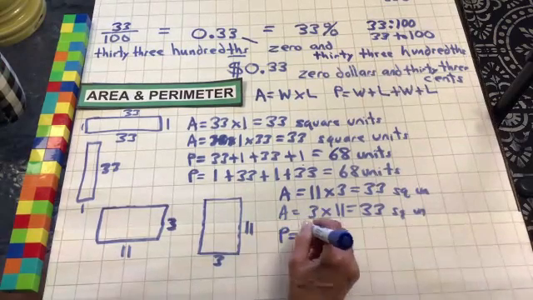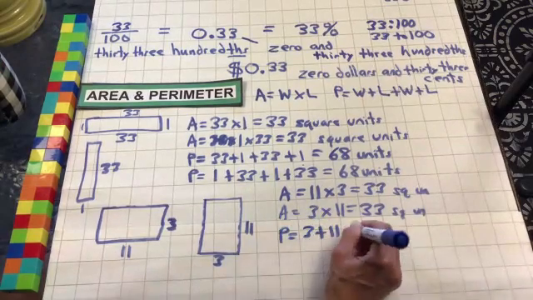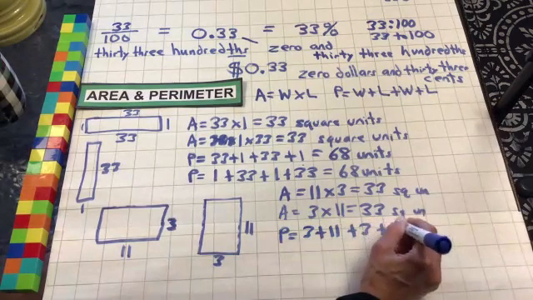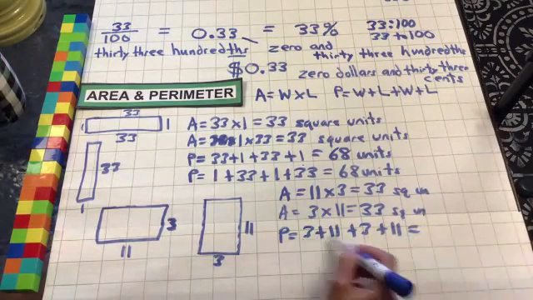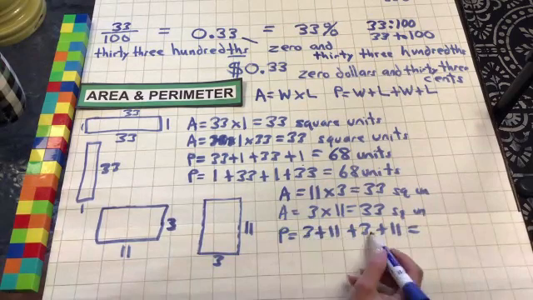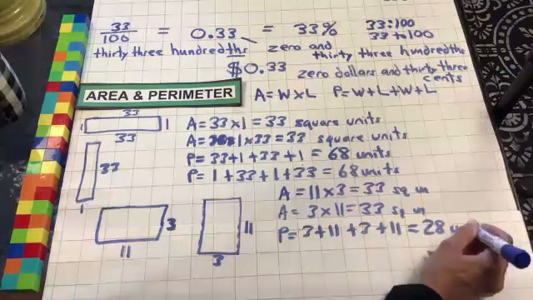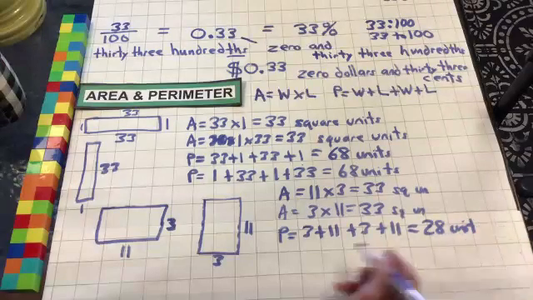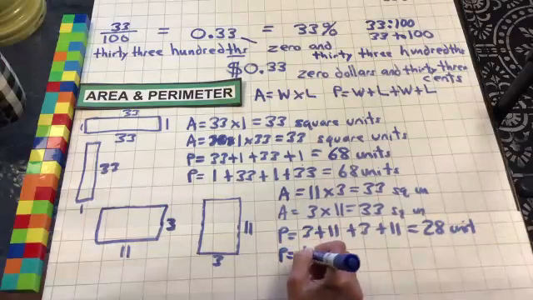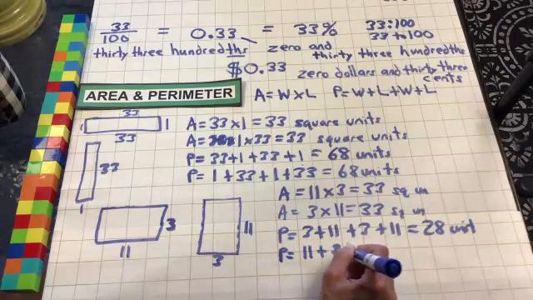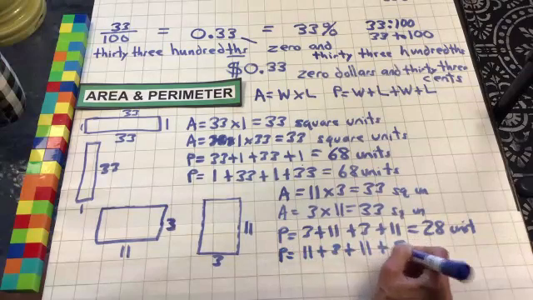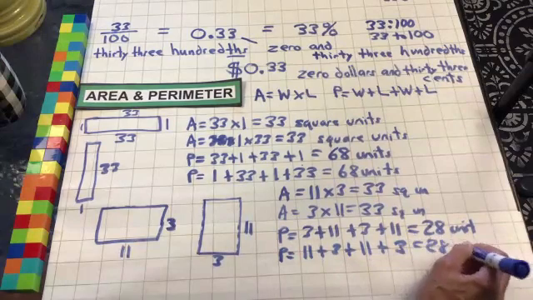Perimeter equals 3 plus 11 plus 3 plus 11. That's one way to do it. And that would be 22 plus 6 is 28 units. And then the other way would write 11 plus 3 plus 11 plus 3 equals 28 units.